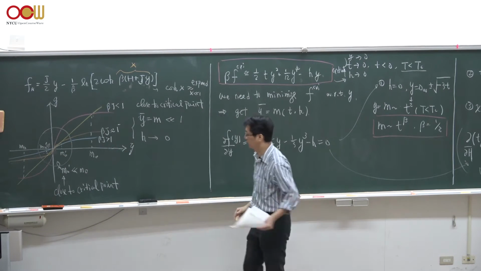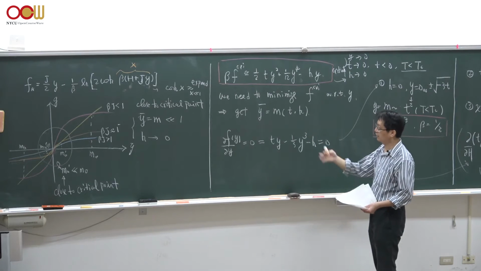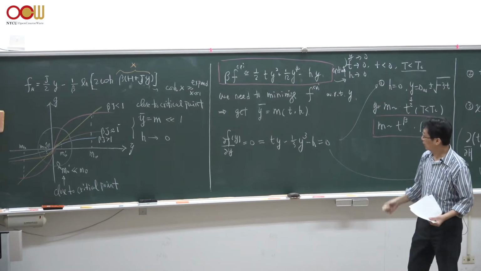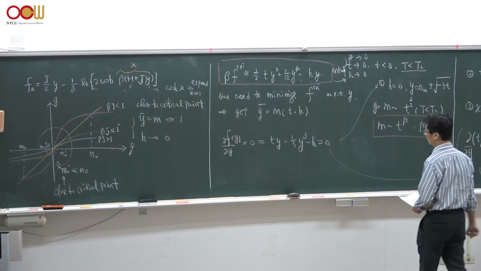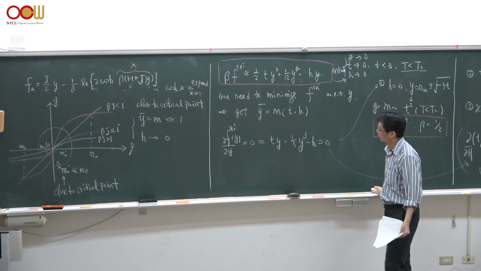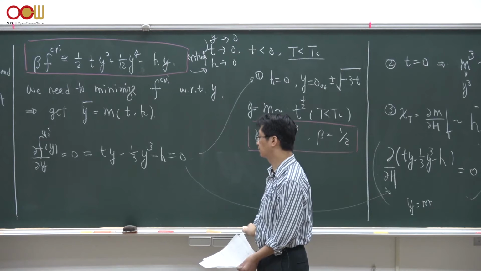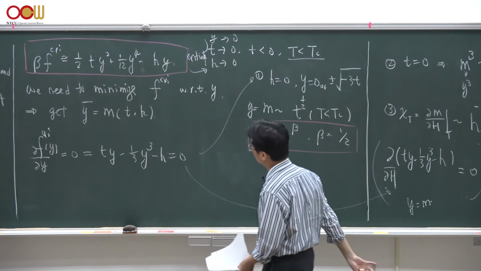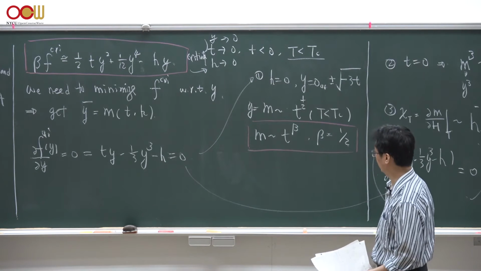When everything is very, very small, we can Taylor expand the free energy, and still we are trying to find the y bar which minimizes the free energy. Okay, so this is what we do. We minimize the critical free energy with respect to y, and we get the magnetization as a function of y and also h.